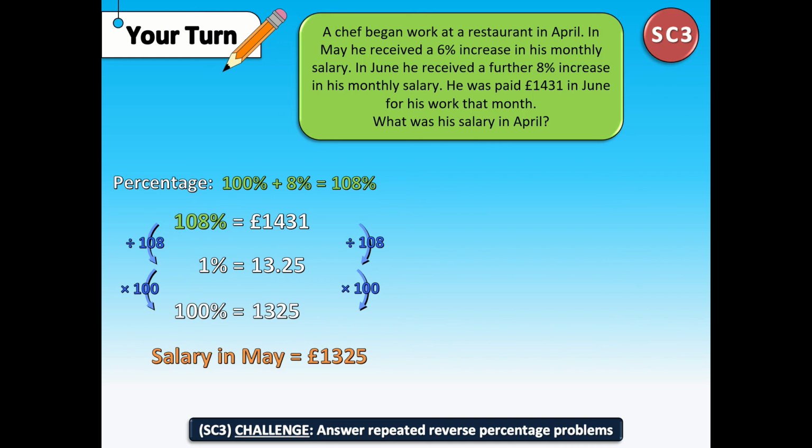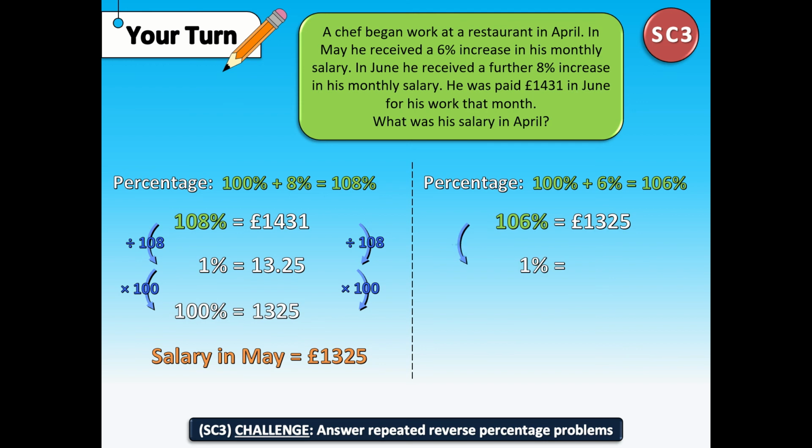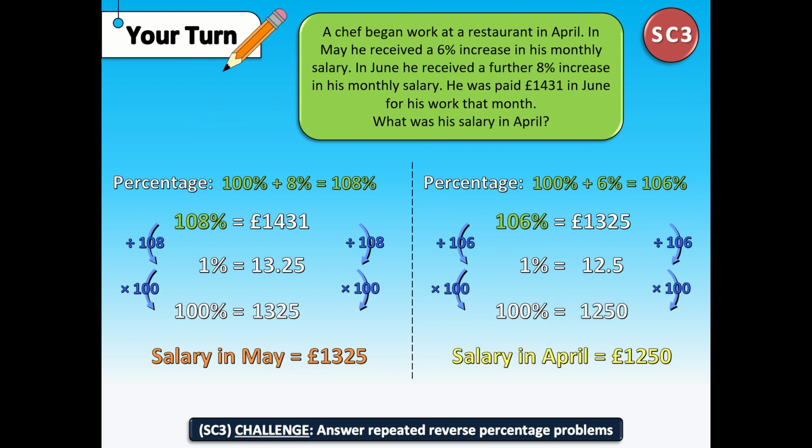So his salary in April, well, we know in May he got a 6% increase, so that's 106%. So if we divide by 106 to work out 1%, and then times by 100 to work out 100%, his salary in April was £1,250.